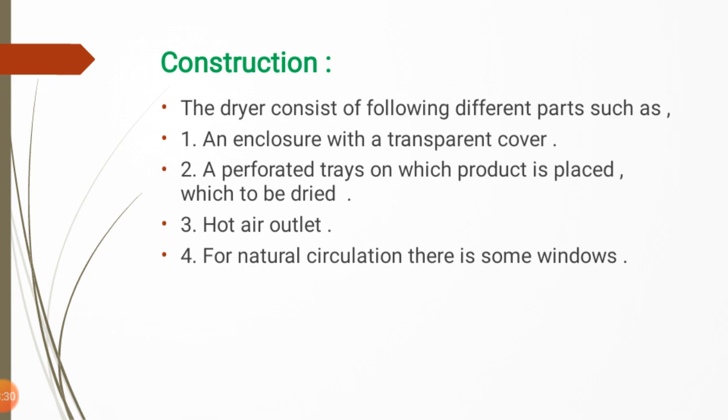That means there are different trays on which the product is placed, so that the product is dried with the help of hot air which is produced from the solar radiation.